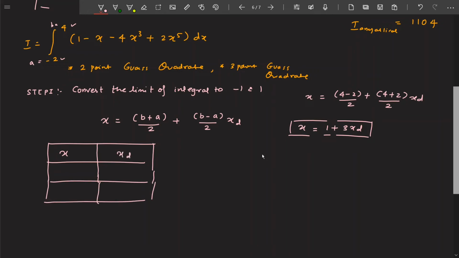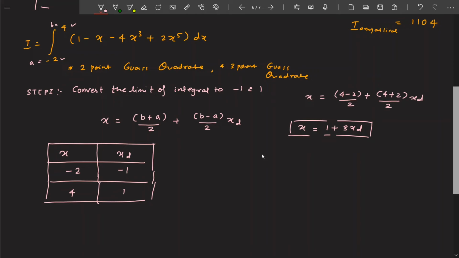When the value of x is -2, when you substitute -2, this is going to be -2, and when 1 comes to this side, -3. -3 divided by 3 comes out to be -1. And let us say this is 4. So this is going to be 4 minus 1, which is 3, and 3 by 3 comes out to be 1.